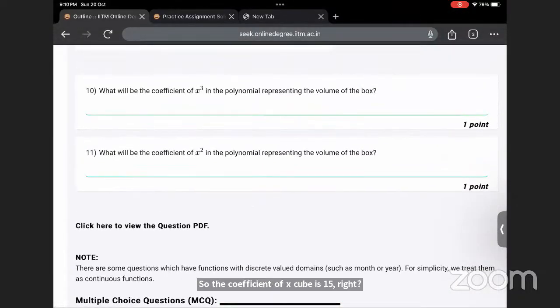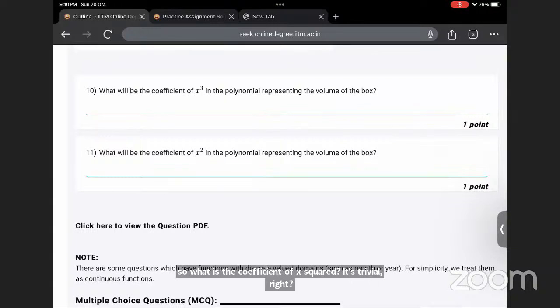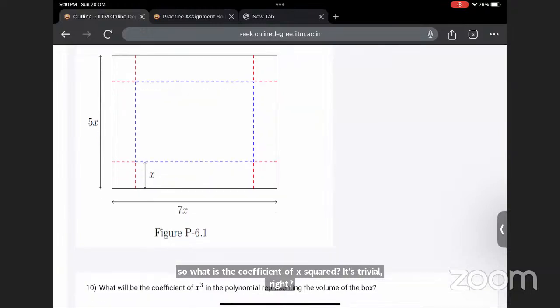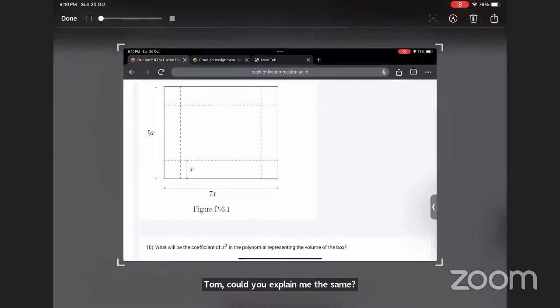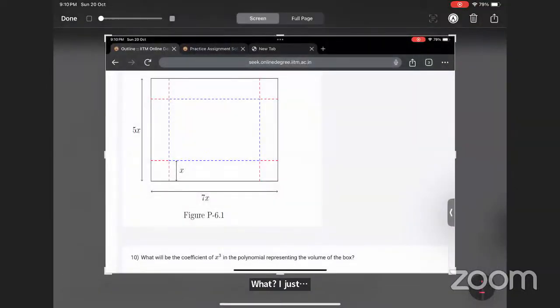Okay. So what is the coefficient of x square? It's 2, right? Could you explain the same? Could you explain the last one? Okay. So the height is x. This value is 3x. And this value is 5x, right? And you have to calculate the volume of the box.